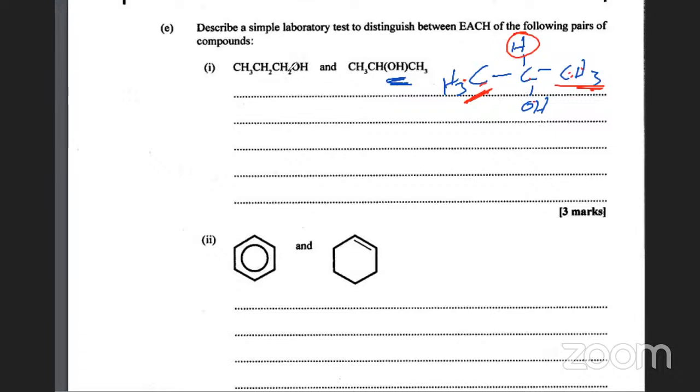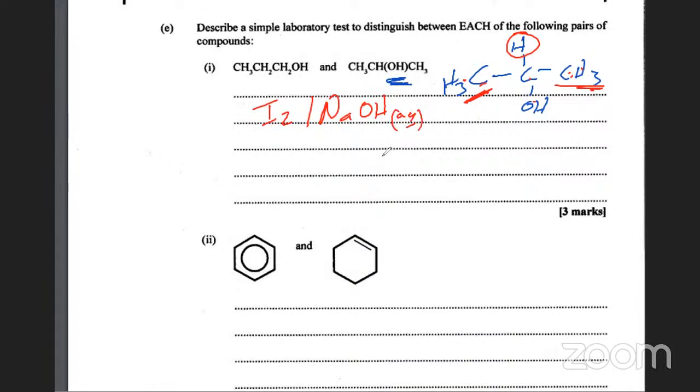So if you want to distinguish between primary and secondary alcohol, which reagent should we use? The iodoform test. Right, sodium hydroxide and iodine. So you must remember your reagents. For this reaction, we need iodine and sodium hydroxide.